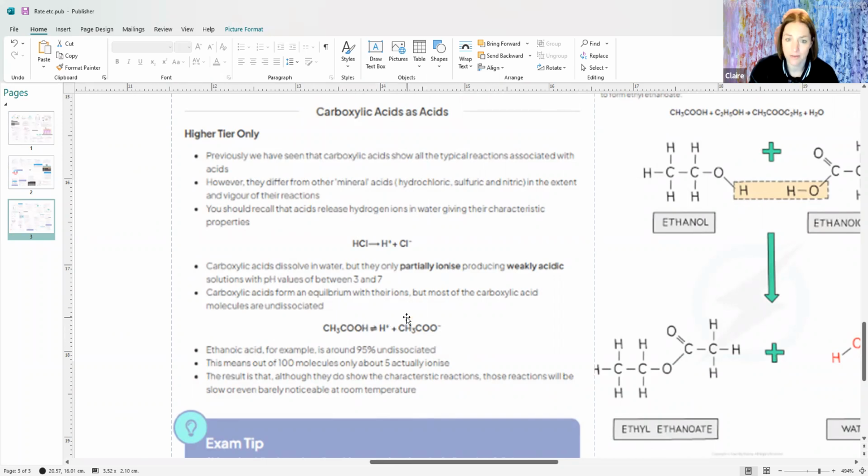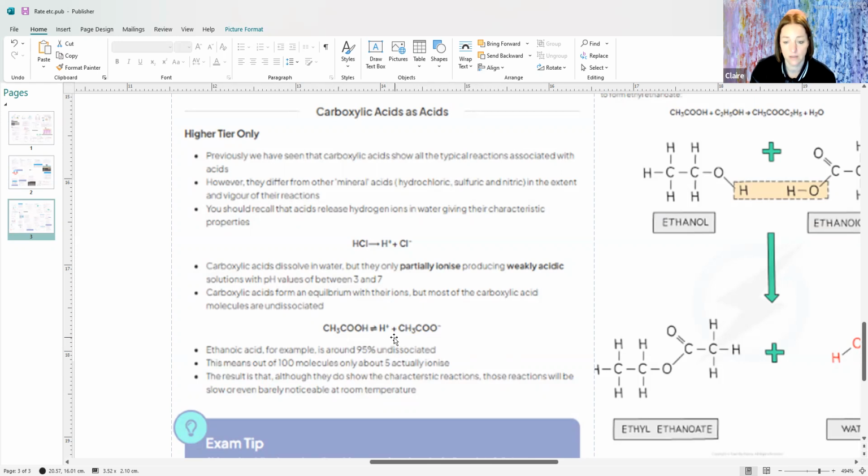Don't forget to write them as ions, okay? Same thing as before with hydrochloric. You've got positive hydrogen, and you just bunch everything else together minus the hydrogen, and you just add a minus on the end, okay? And you don't need to know about this in detail, but you need to know the difference between a strong and a weak acid.